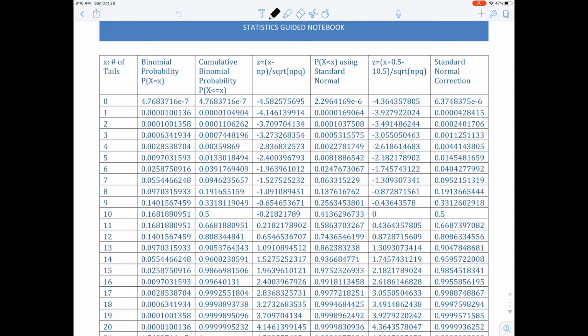Their sample means will have a normal distribution with the same mean as their original distribution, but the standard deviation for the distribution of sample means is the original standard deviation divided by the square root of n, where n is the sample size of each of those individual samples that you took to find the sample means.